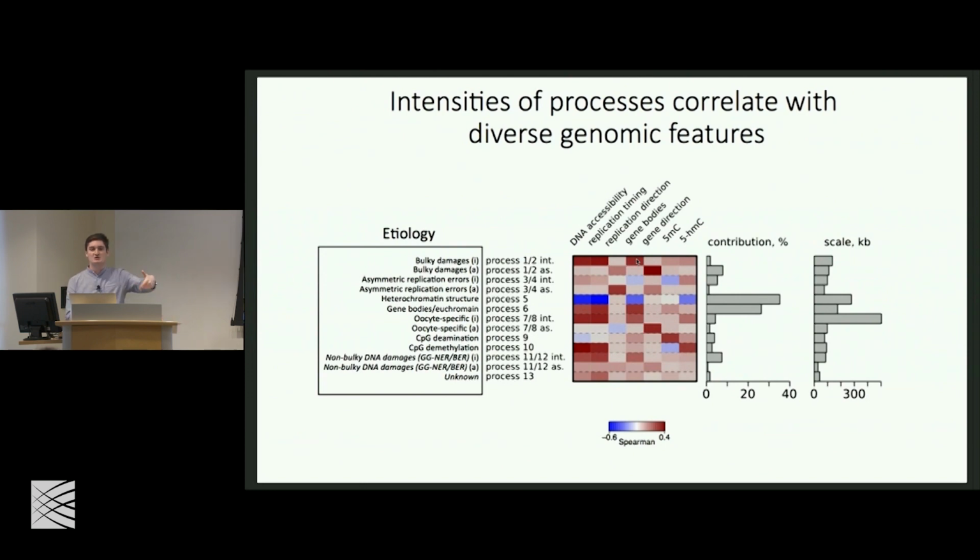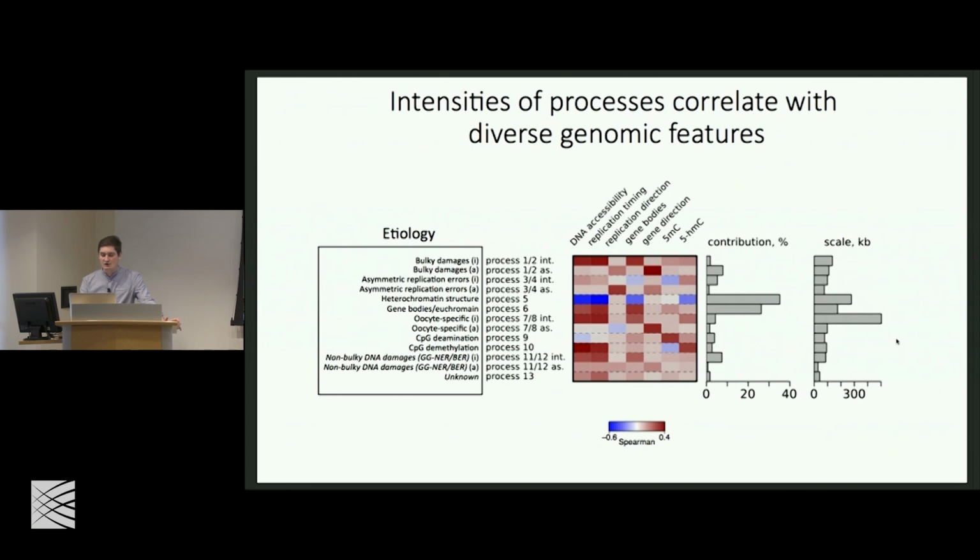But if we look at the asymmetry of this component, it mirrors the direction of gene transcription. We can look at other components, and we see some distinct features. The same way, they have different contributions to the overall variation of mutation rates, and they have dramatically different scales, from around 10 kilobases to almost 1 megabase.